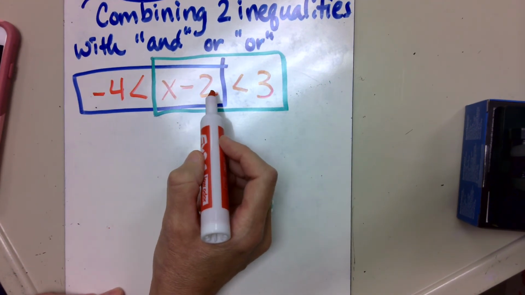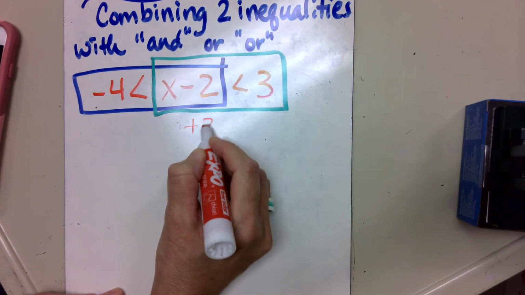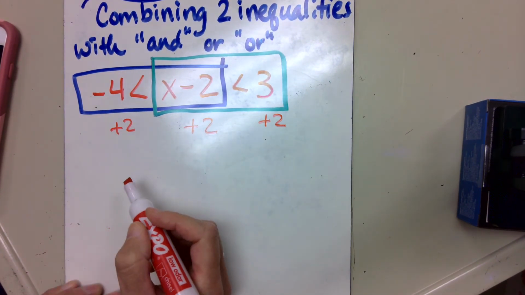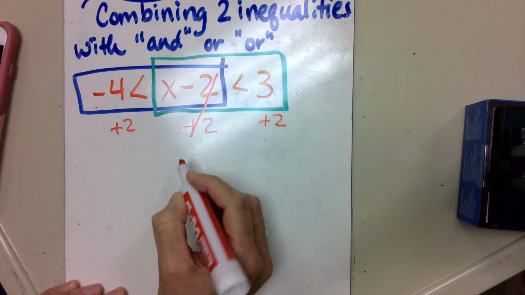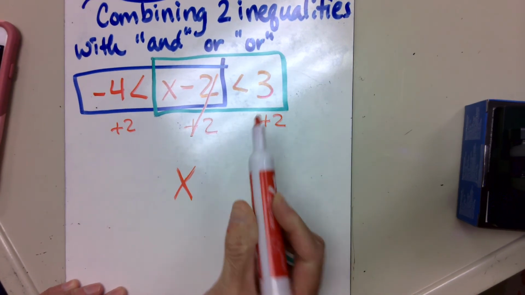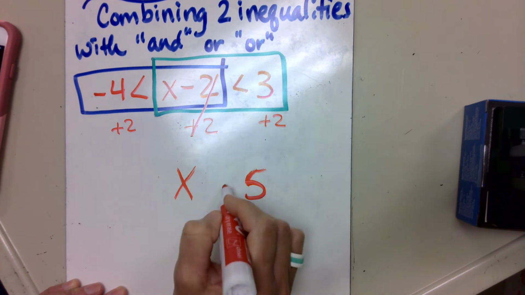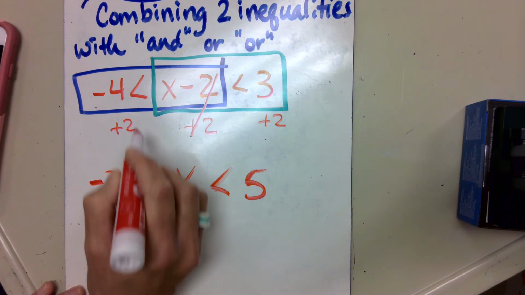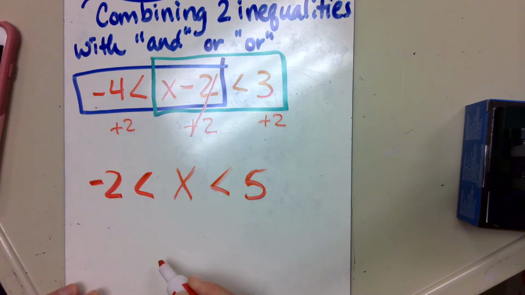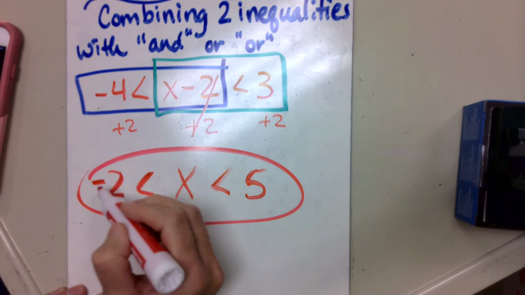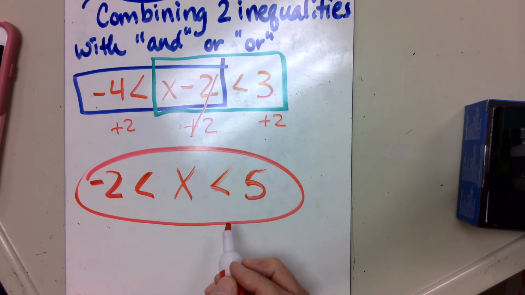Well, there's a minus 2 here, so we could add 2 on all sides. That way, it cancels in the middle and we're left with x. I have the 3 plus 2 right here, so that's our 5. Our symbol comes down. And negative 4 plus 2 is negative 2, and our symbol comes down. We have the same answer that we got before without having to rewrite every inequality.